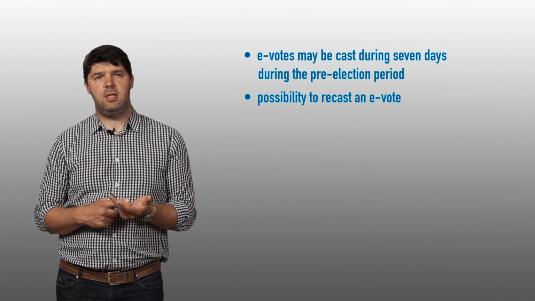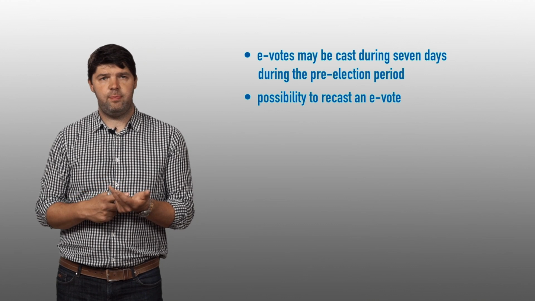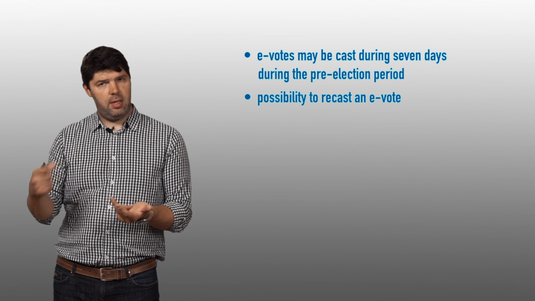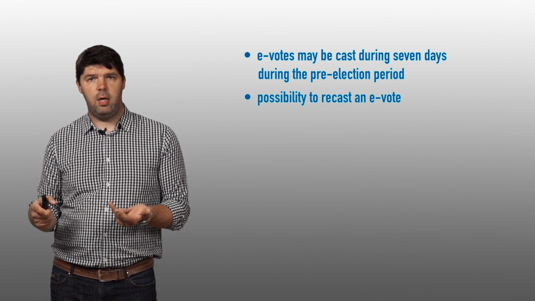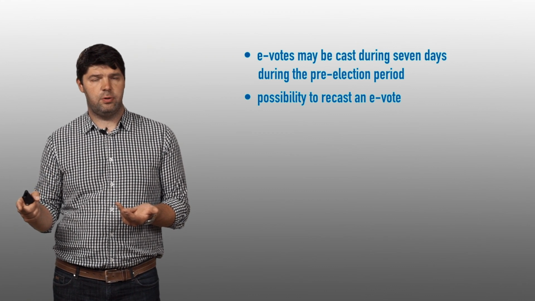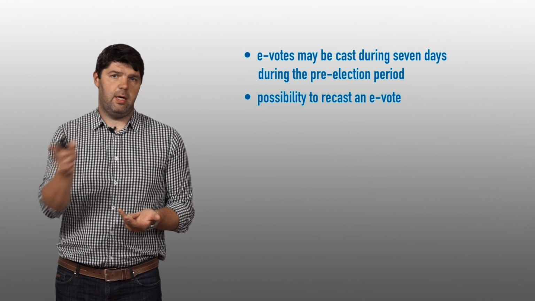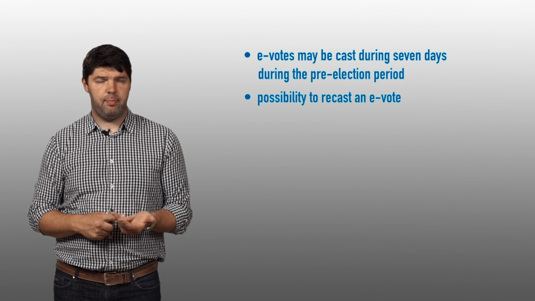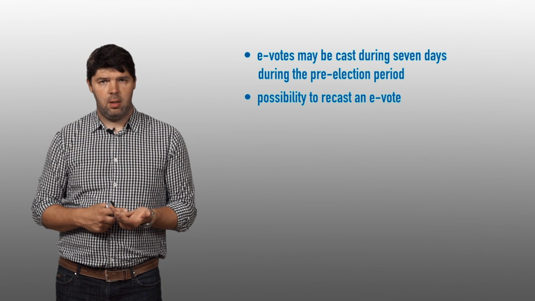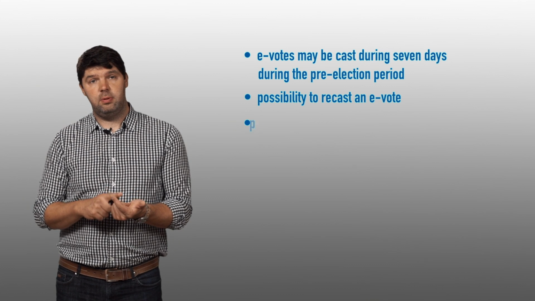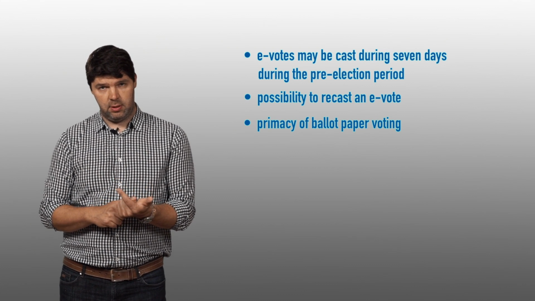The second principle says that there has to be a possibility to recast an e-vote, so that only the final e-vote is counted, while all the previous e-votes are cancelled. The third, a very important principle, is the primacy of ballot paper voting.